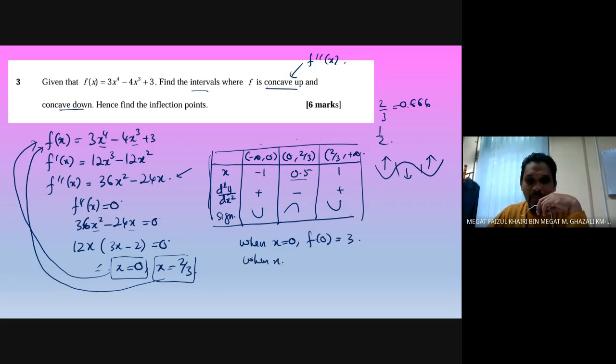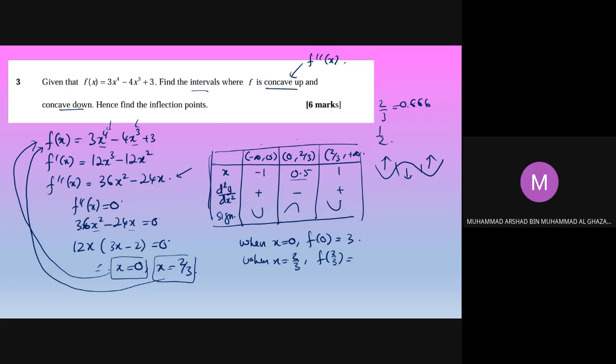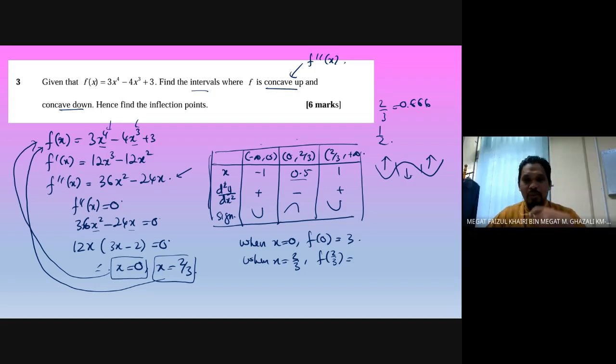So when x equal to 2 over 3, then f(2/3) equal to, substitute here, and tell me what is your answer then? 65 over 27. Okay, 65 over 27. Okay, class.